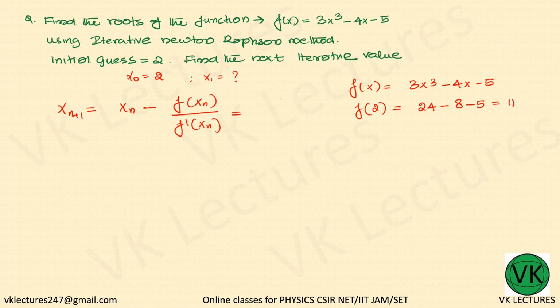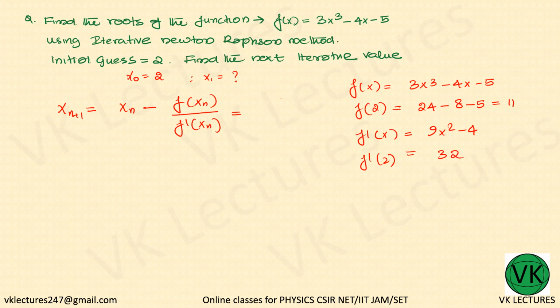Now f dash of x is equal to 9x square minus 4. So f dash of 2 is 36 minus 4, 32.